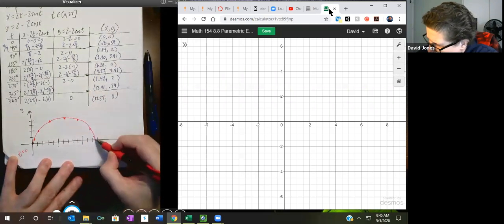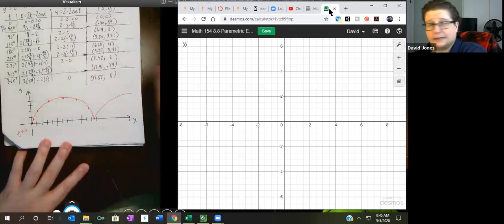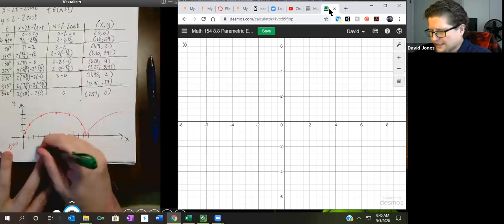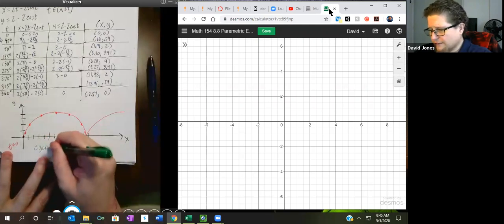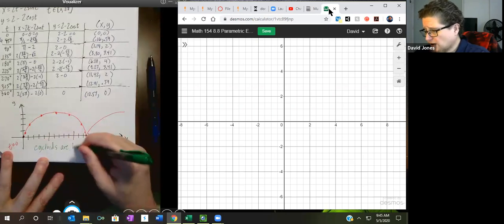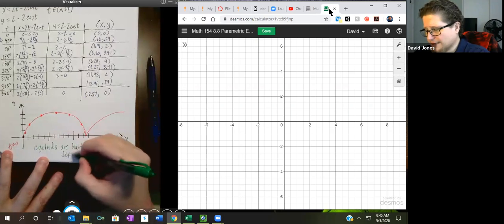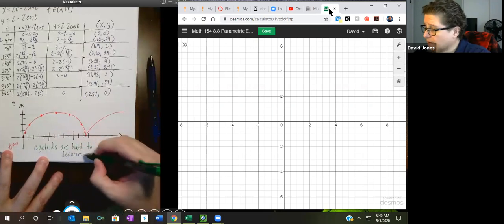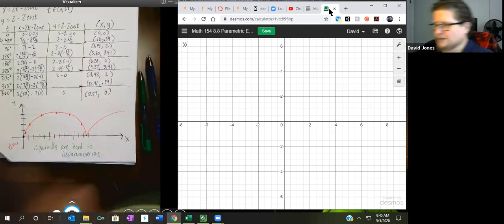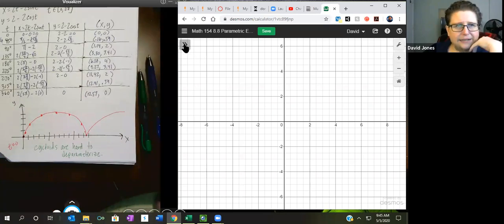And you'll find if you keep going, it goes like that. Okay. Cycloids are hard to get rid of t, to deparameterize, maybe let's say that, because there's t's all over the place. We can take a look at this though.